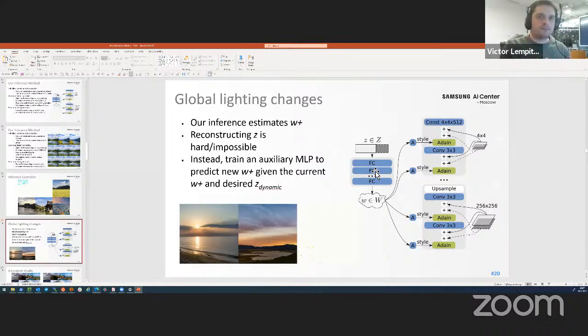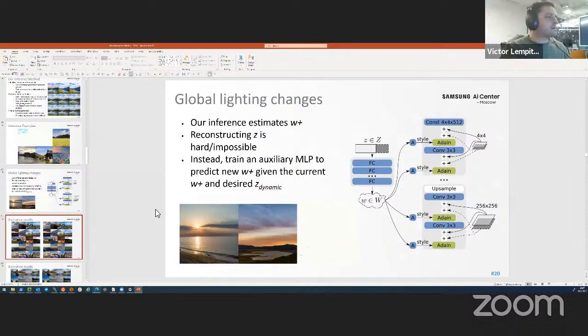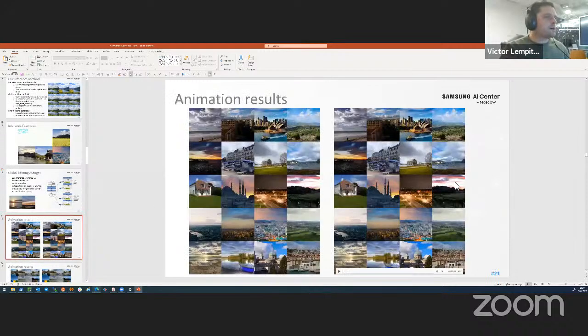Using this auxiliary MLP, we can take some trajectory, like a route in the Z space, and take the initial inferred position in the W space and then predict the trajectory in the W space. And this gives us this kind of animation which has global lighting changes modeled in our model using Z variables without actually inferring Z's, just staying with W's. Okay, so here are the full results at low resolution.